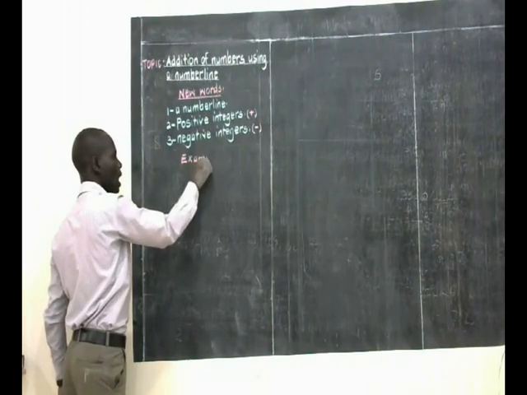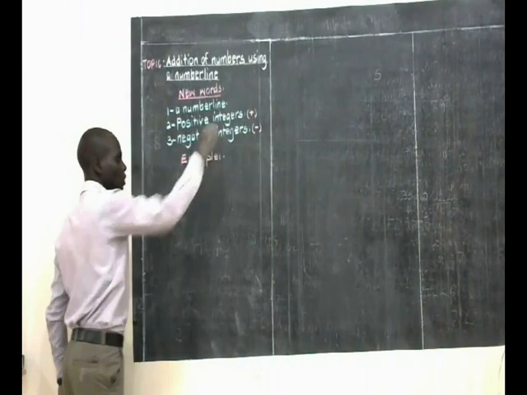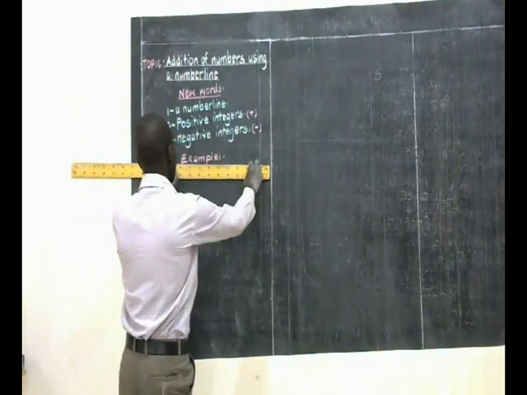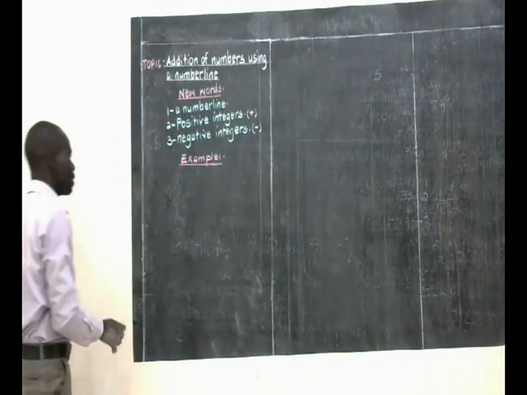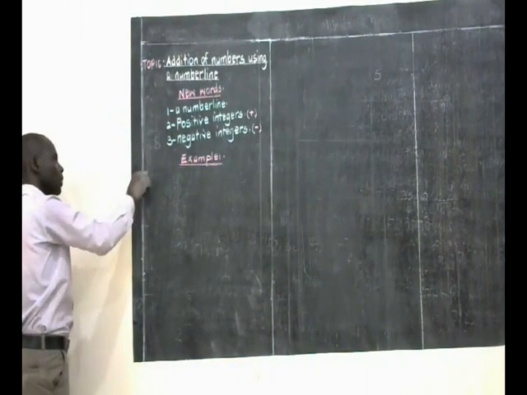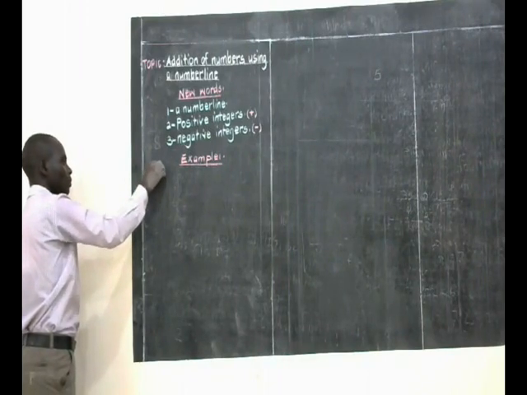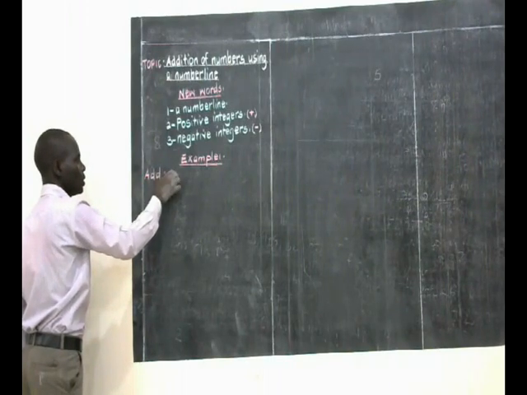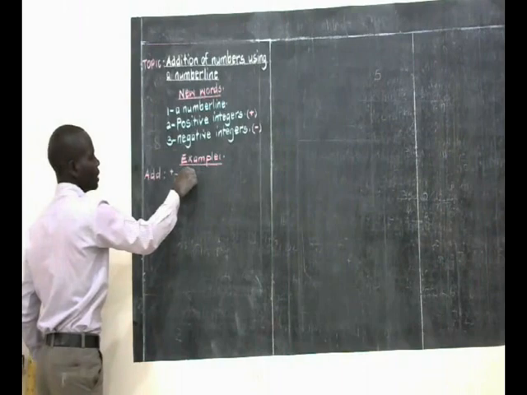Now let's look at our example 1, and see how best we can answer the question using a number line. The question is saying add positive 2 and positive 3.